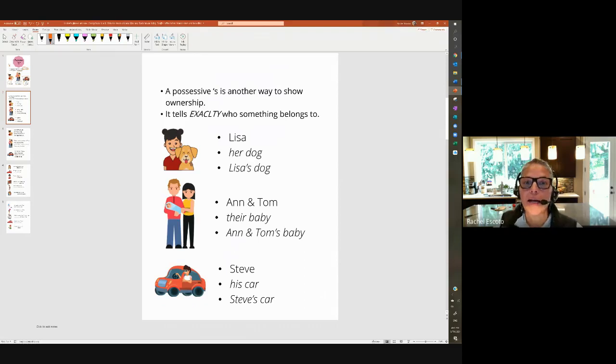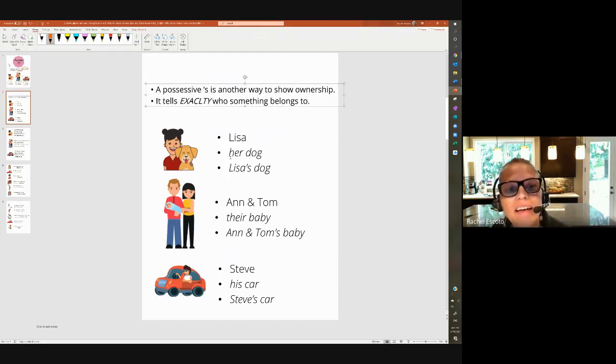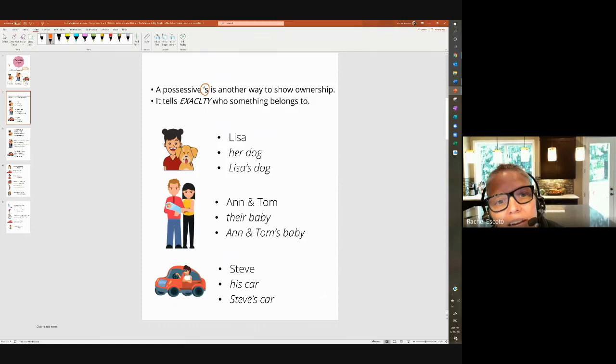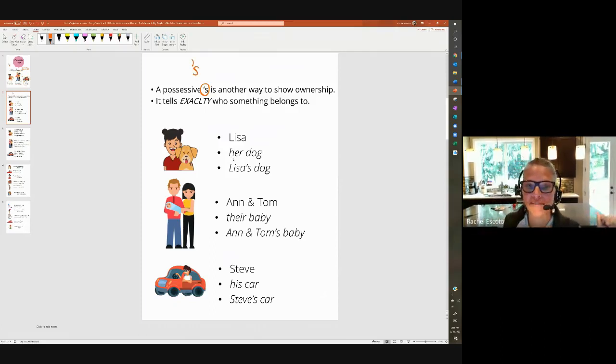Okay. Then we have this thing called a possessive S. A possessive S is another way to show the same ownership, but now it tells us exactly who something belongs to.